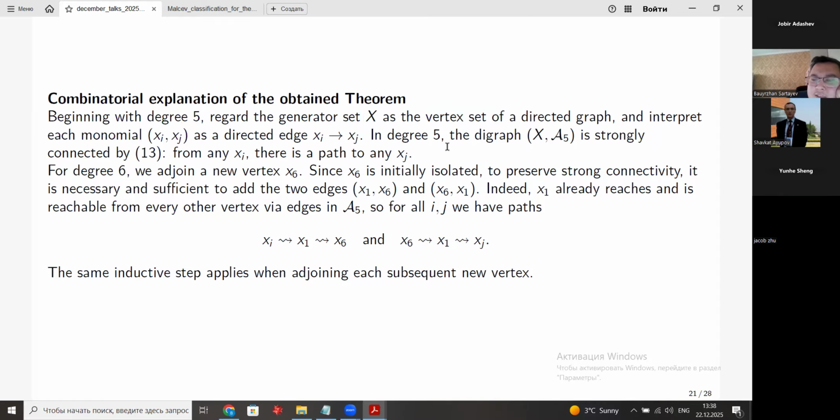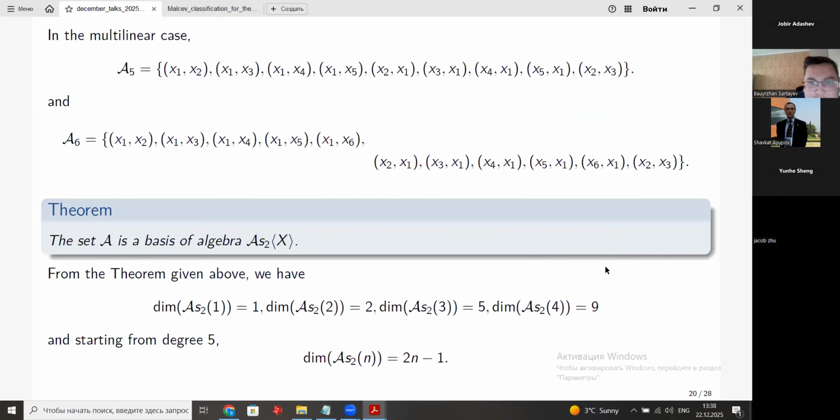In degree 5, we obtain a directed graph. X is the set of vertices and A5 is the set of edges. So you see that these basis monomials in our graph define directed edges.